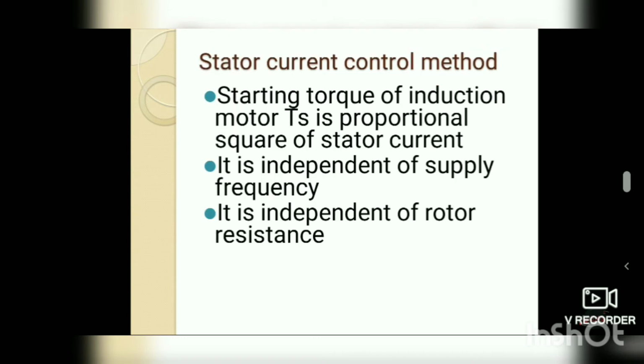Stator current control method: the starting torque of an induction motor, Ts, is proportional to the square of the stator current, so it is independent of supply frequency and independent of rotor resistance.